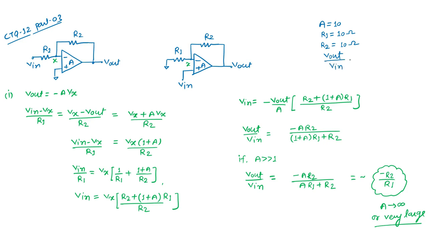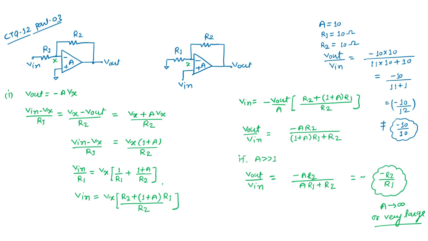In that case, V out by V in comes to be minus A R2, which is 100, divided by 1 plus A, which is 11, times (10 plus R2), which is 10. So this expression nearly comes to be minus 10 by 12, which is not equal to minus 10 by 10, which is minus R2 by R1. It is not equal to this value.